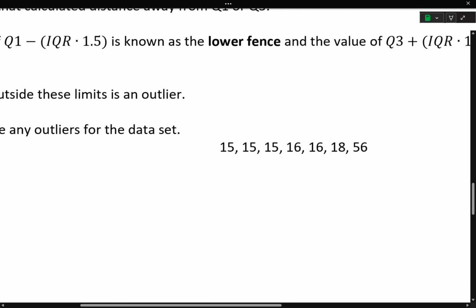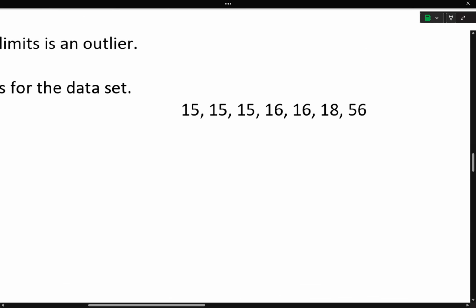So let's do that in number 3. In order to find Q1 and Q3, we need to find the median. The median in this data set is 16. So Q1 is the median of the lower end, so the smaller numbers. Q1 will be 15.